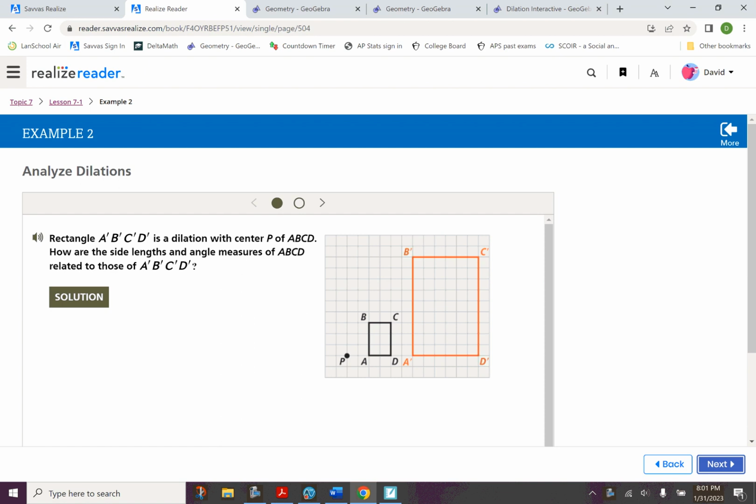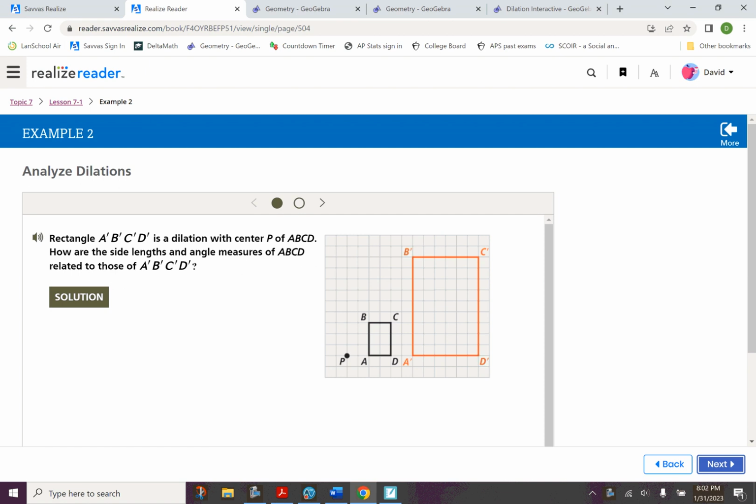We dilated one rectangle, we're going to get a new rectangle. So again, that process goes backwards too. How are the side lengths and angle measures of ABCD related to those of A prime, B prime, C prime, D prime?